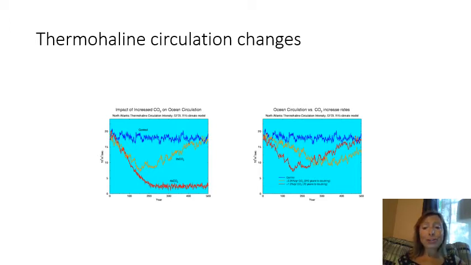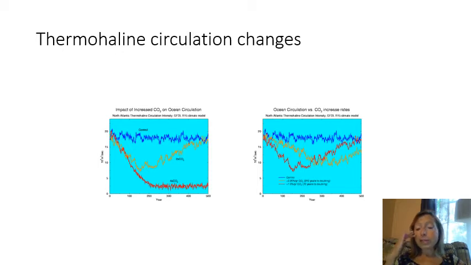Under double concentrations, we see quite a significant decline of thermohaline circulation and then recovery, sort of reaching a new equilibrium with the gradients of temperature and salinity. Under quadruple concentrations, the models essentially project that the thermohaline circulation is going to shut down completely.